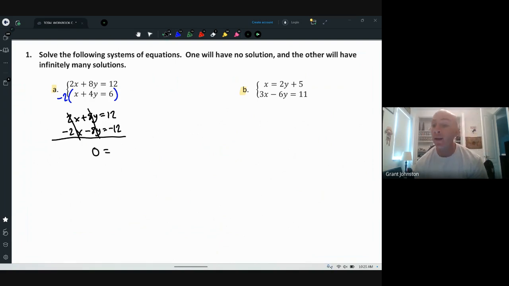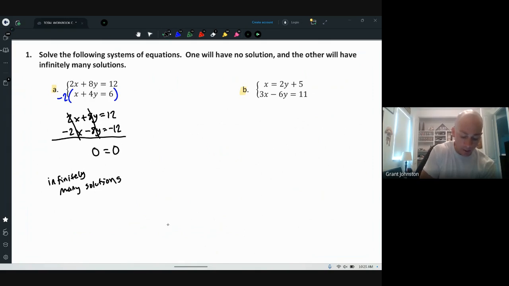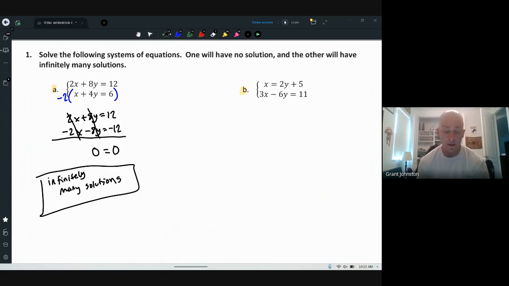Now, if we look at the right side, 12 plus -12 is 0. It says 0 equals 0. This is a true equality. So we're going to say this is infinitely many solutions. We stop the problem here, and we can say there's infinitely many solutions to this.